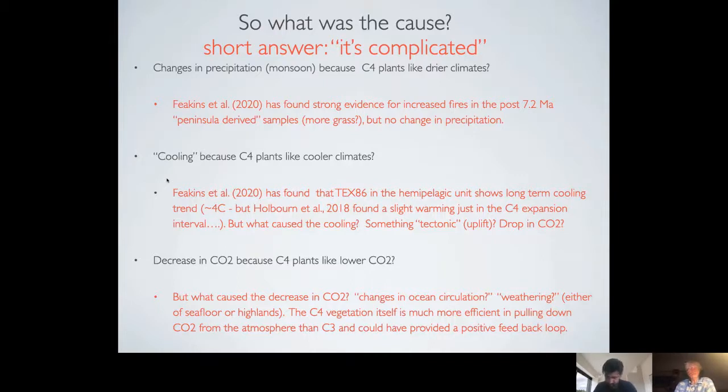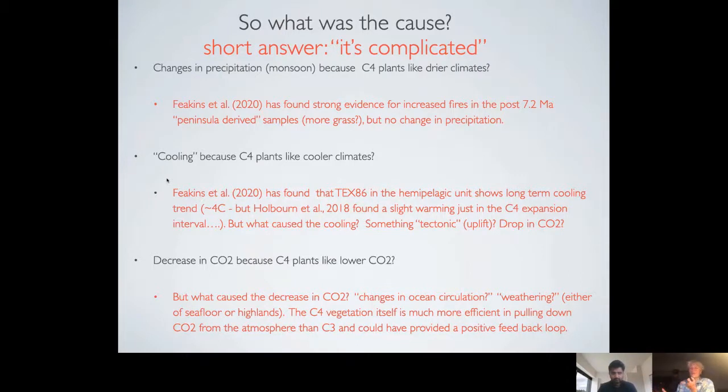But what caused the cooling? Was it tectonic uplift of the regions? Or was it a drop in CO2? Or was there a decrease in CO2 because C4 plants like lower CO2? So C4 plants like lower CO2, they like cooler climates, and they like drier climates.